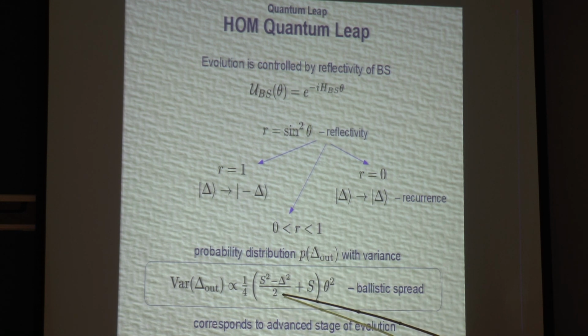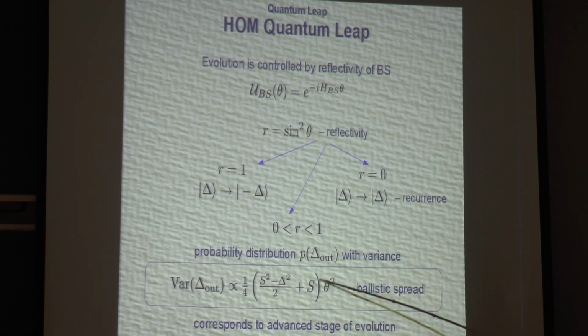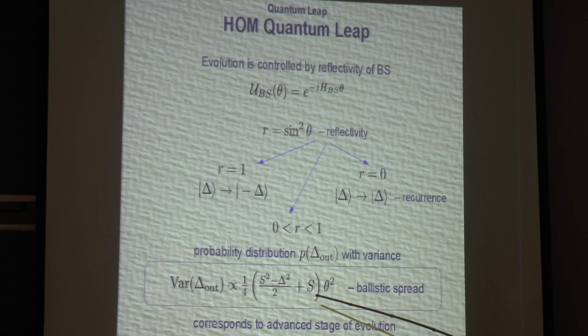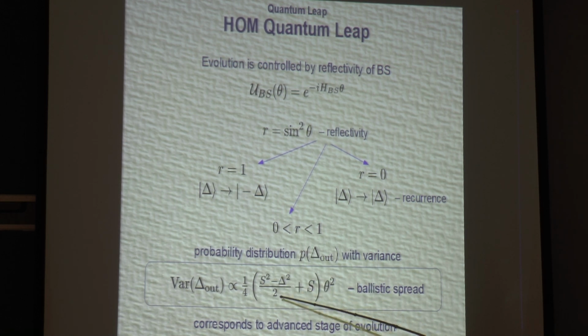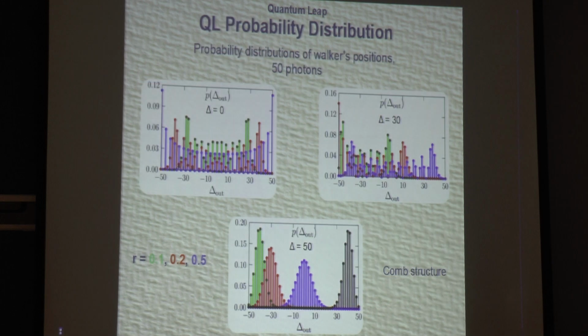Importantly, whatever non-zero number of particles we are considering in the system, and whatever the occupation difference is, the spread is always ballistic. And by setting S and delta properly, we can simulate an arbitrarily advanced stage of evolution. These are the pictures which I obtained for my system.